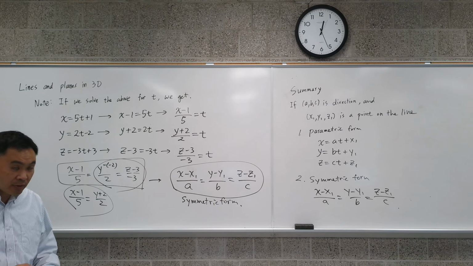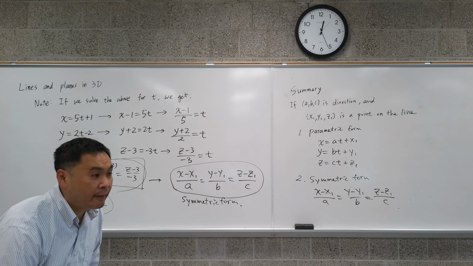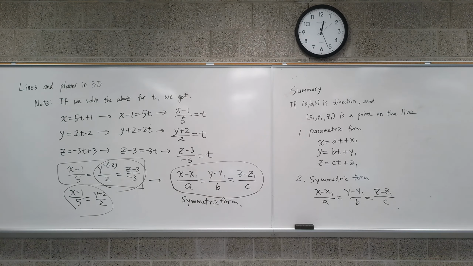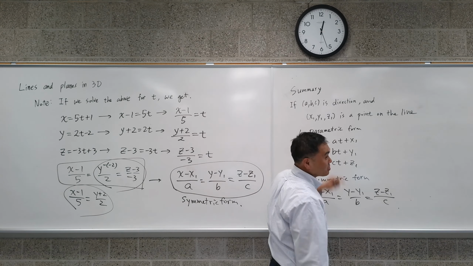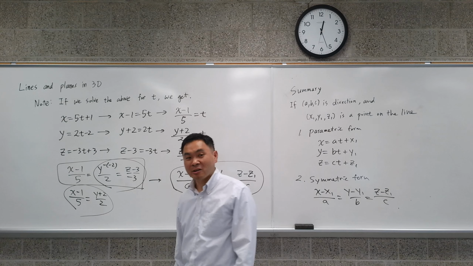Any questions? Do you have any questions? Okay, since nobody has a question, let me ask, what if A or B or C is 0? What do we do then? So what if, say, the direction vector A, B, C is 1, 1, 0? What do you do in that case?